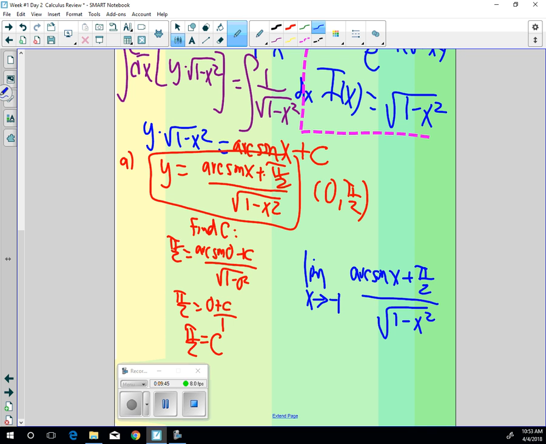These test writers are very clever because what they're trying to assess here is that you know whose rule? L'Hopital's, yeah. And what's the first step to L'Hopital's? What do you have to do? Yeah, you're going to put in a -1.